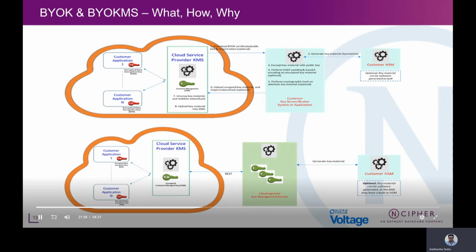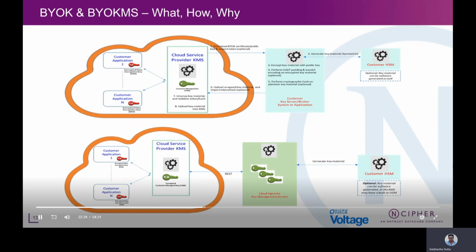And basically what they have enabled is for customers to bring the keys onto the cloud services provider's KMS. You can generate that key at your end. Cloud services providers will offer you a public key, bound with a certificate, for you to wrap the key at your end and then push the wrapped key to the cloud services provider.